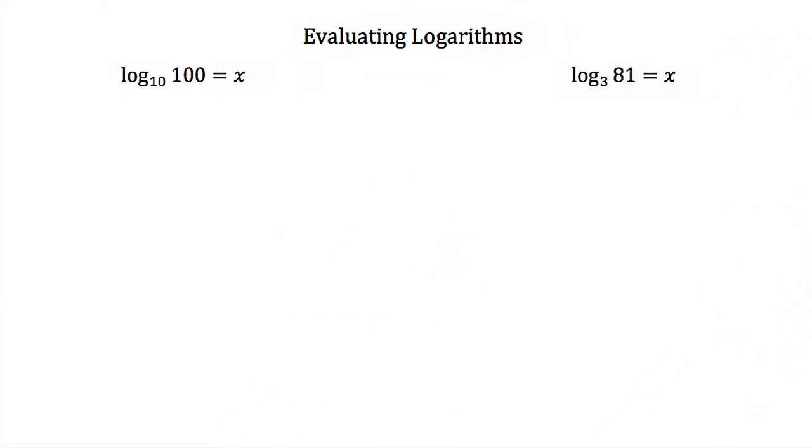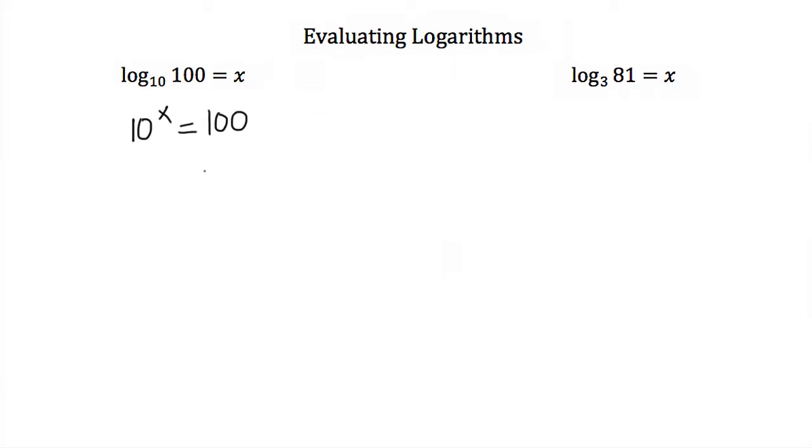So now let's talk about how we can evaluate logarithms. Here we're told that the log base 10 of 100 is equal to x. And if we wanted to solve this for x, I would have to rewrite this logarithm as an exponential expression. Remember, I can write log base 10 of 100 equal to x. This means 10 to the x is equal to 100.